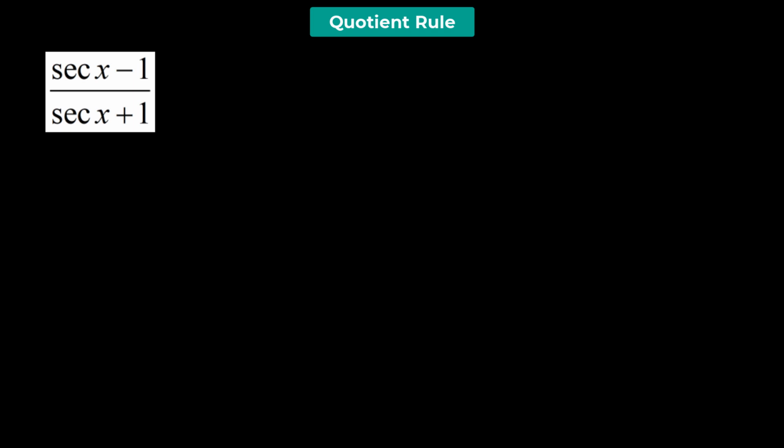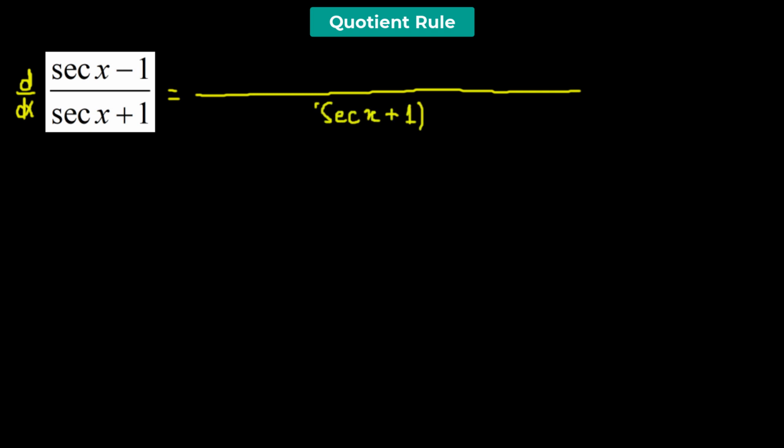So we have secant of x minus 1 divided by secant of x plus 1. So let's find the derivative using the quotient rule. So we'll have secant x plus 1 whole squared in the denominator, and we have secant of x plus 1 multiplied to the derivative of secant of x minus the derivative of 1.